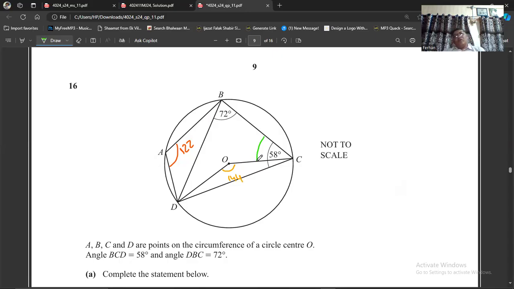What I can do is find out this angle, and this angle. This is a radius, and this is also a radius. So these sides are equal, so DOC is an isosceles triangle. If I find this angle, both these angles will be the base angles of the isosceles triangle.